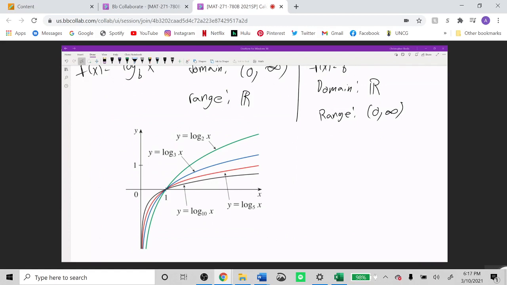This is because log base b of 1 is equal to 0, because any number raised to the 0th power is 1. Does that make sense?